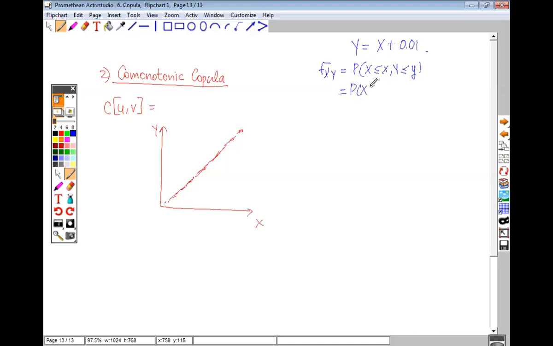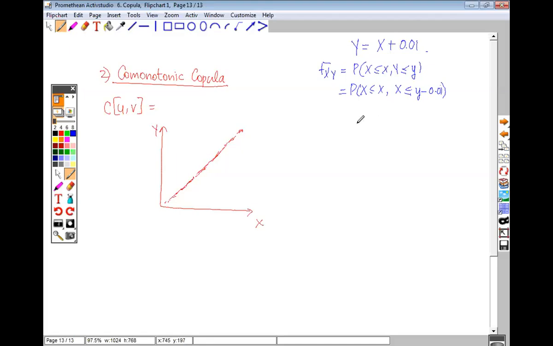So I can write this as, comma, x + 0.01 less than or equal to y. But instead of writing this separately, I can just take the 0.01 from the left-hand side to the RHS and write this as x less than or equal to y - 0.01, right? And that is all you have.